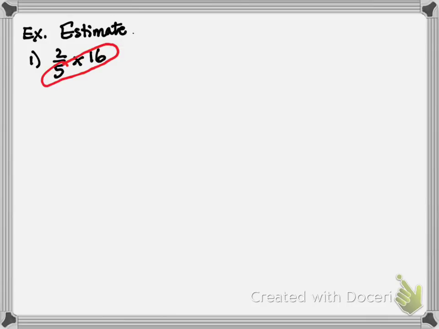And pretty easily we'll say, hey, that would be 15. So really what the problem becomes is 2 over 5, notice the fraction's not changing, times 15. I'm going to give that a denominator of 1. So I can multiply this out and get my answer, but let's do a diagram on this one.